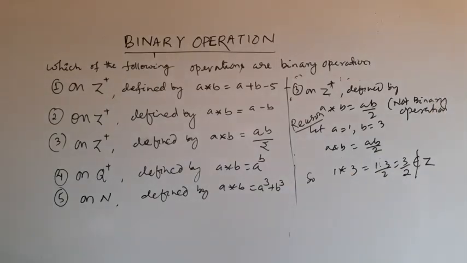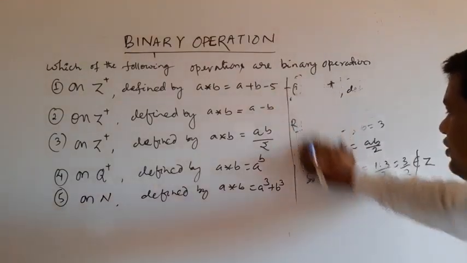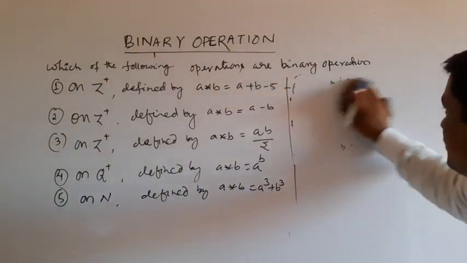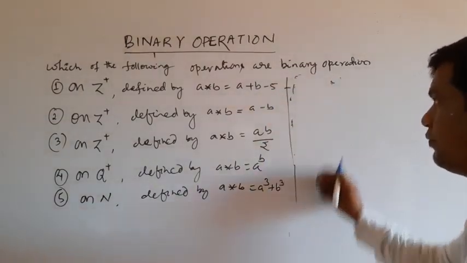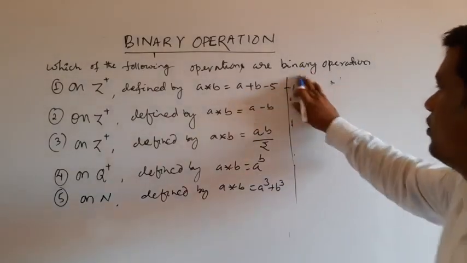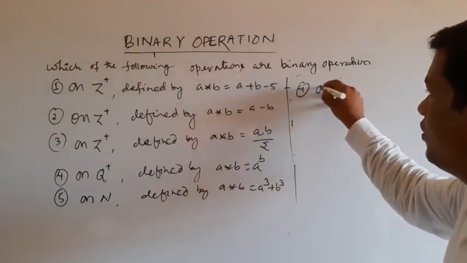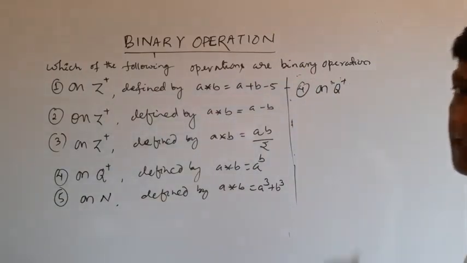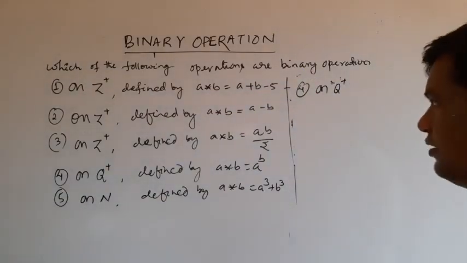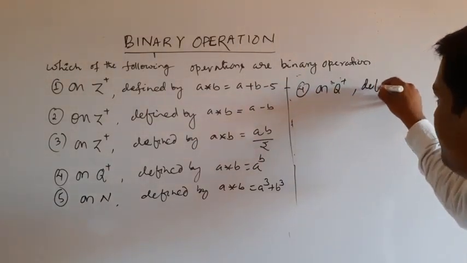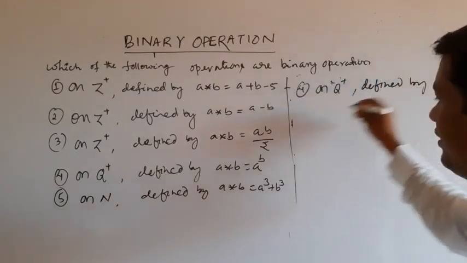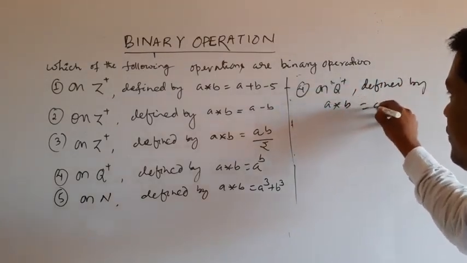Now question number 4. On Q plus defined by a star b equal to a to the power b. Solution of question number 4: on Q plus, which means the set of positive rational numbers, defined by a star b is equal to a to the power b.